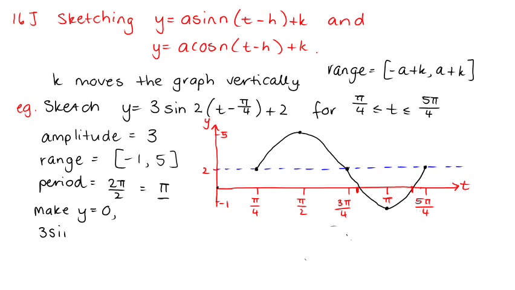So we get up here 3 sine 2t minus pi on 4 plus 2 equals 0. Now we're going to rearrange as much as we can. We're going to take over that 2 first and then divide by 3.